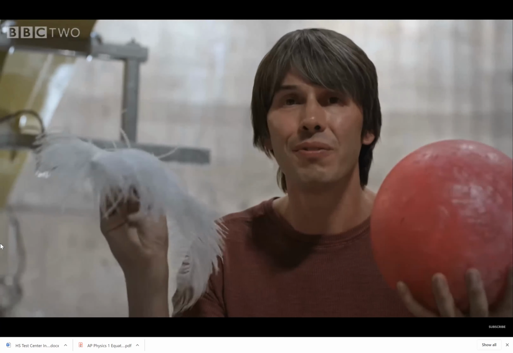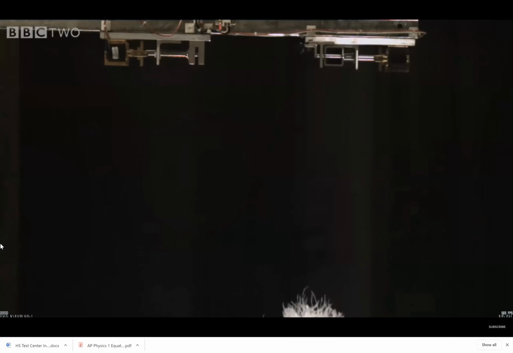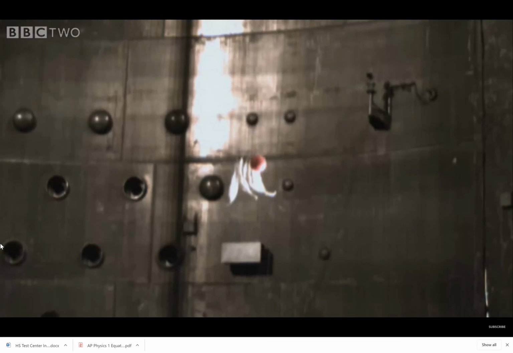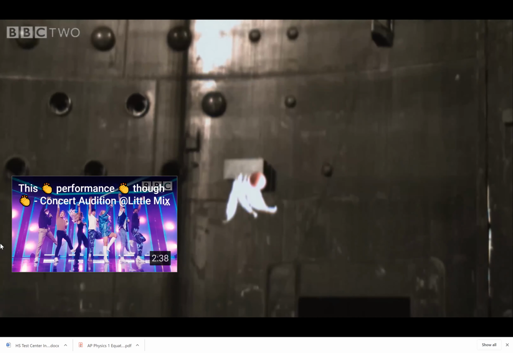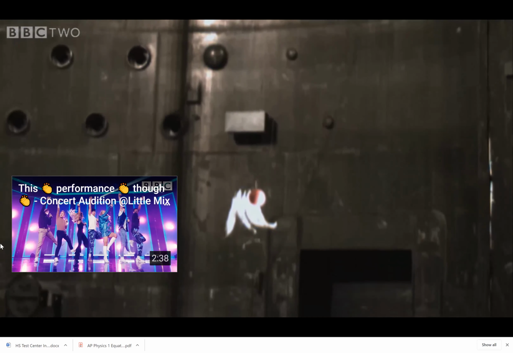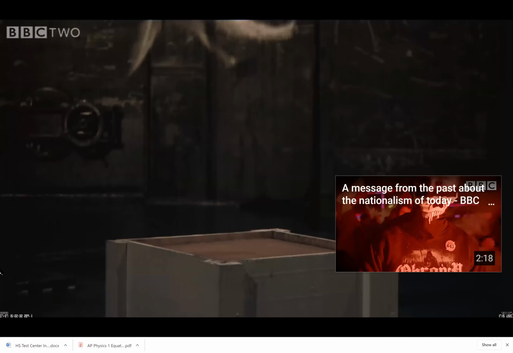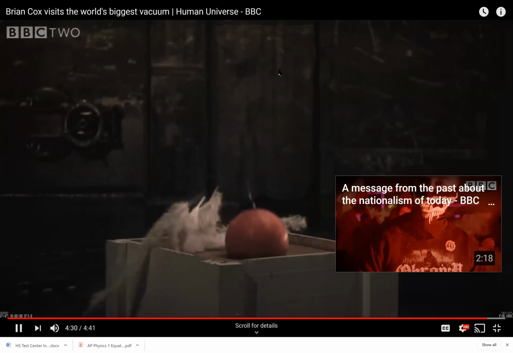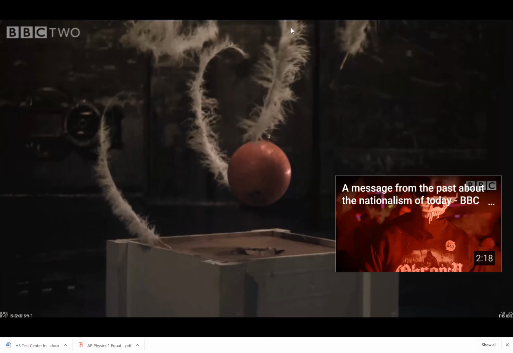There is no force acting on them at all. He reasoned that if you couldn't see the background, there'd be no way of knowing that the ball and the feathers were being accelerated towards the Earth. So he concluded they weren't.